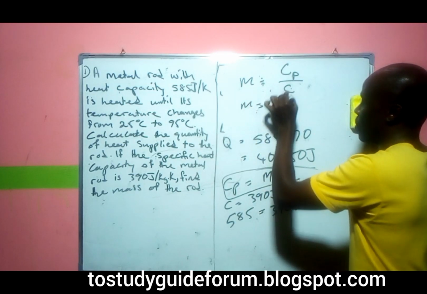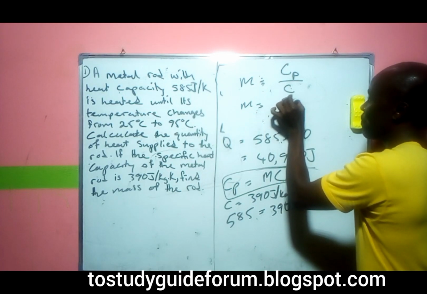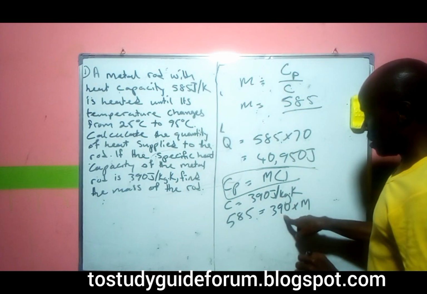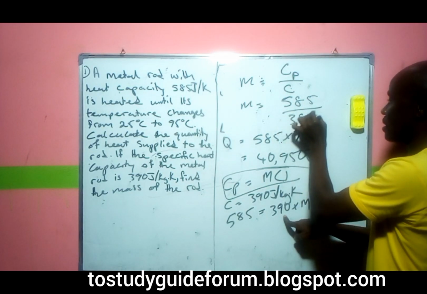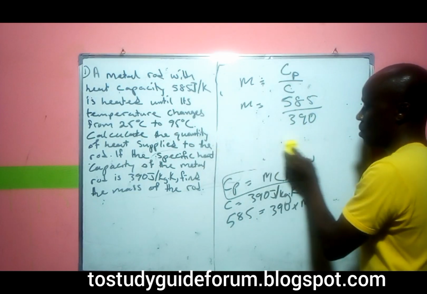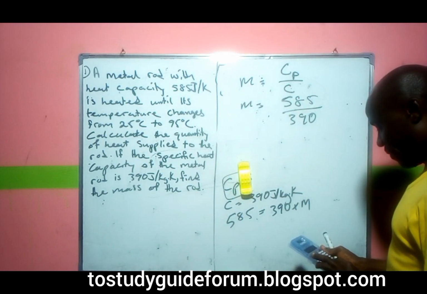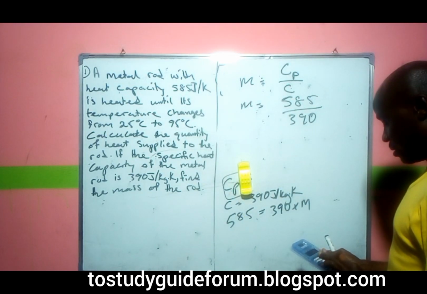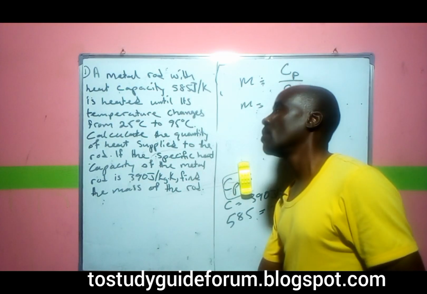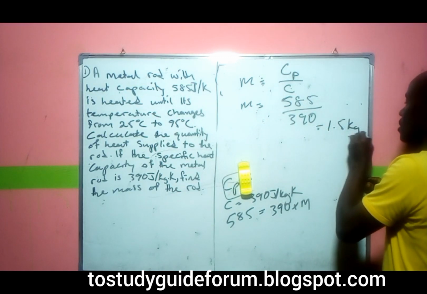So the mass is 585 all over 390. If we divide 585 by 390, it will be equal to 1.5 kilogram.